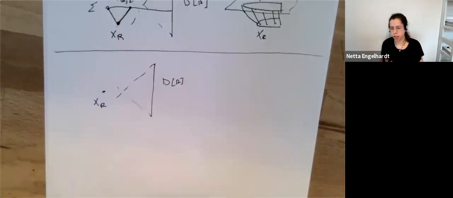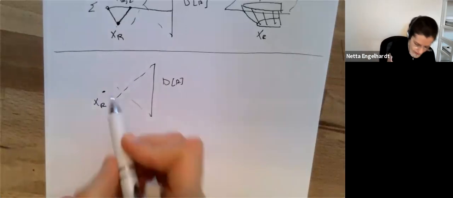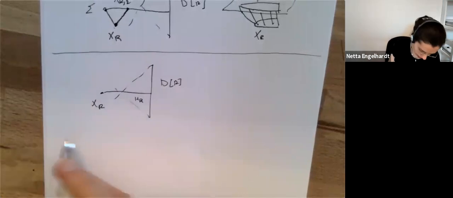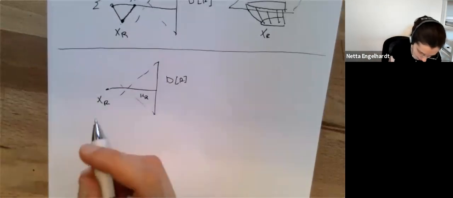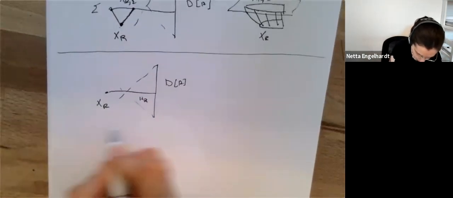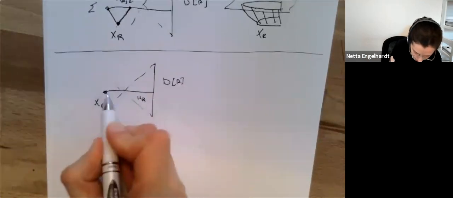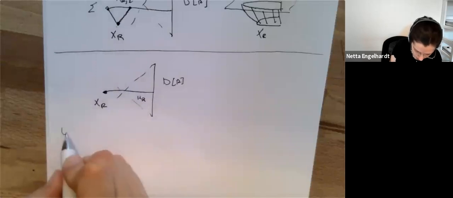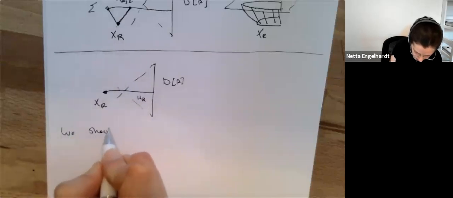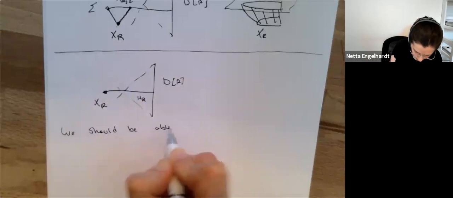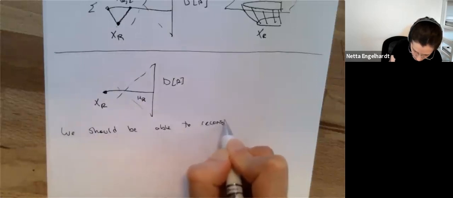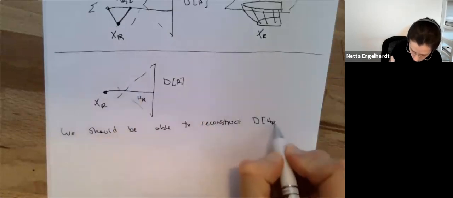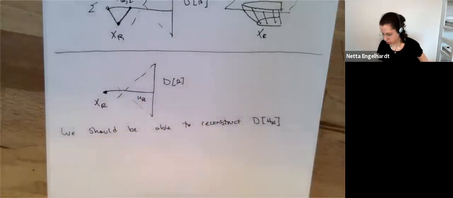But how do you make that covariant? Well, the way that we make it covariant is we say we should be able to reconstruct everything between here and here for any choice of Cauchy slice, which is another way of saying that we should be able to reconstruct the domain of dependence of H_R, where H_R is the homology hypersurface.